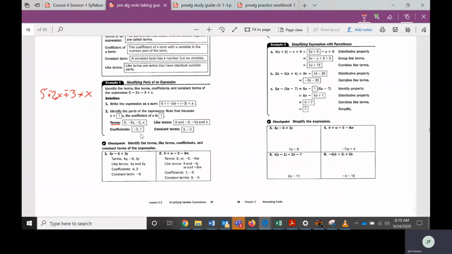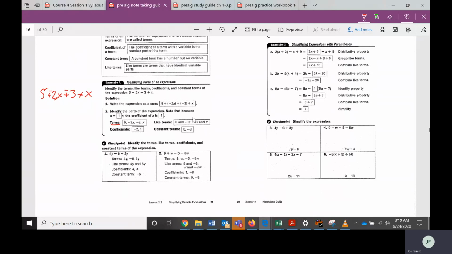Okay. The like terms, going back to up here, it says like terms are terms that have identical variable parts, meaning usually I would list the variable ones first. So this has an x and this has an x. Okay, so the negative 2x term and the x term are like terms.